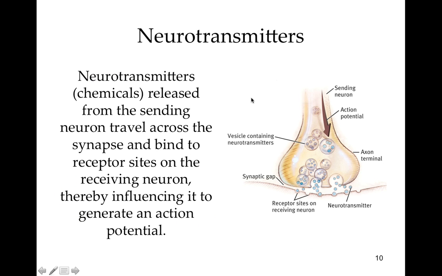Neurotransmitters are chemicals released from the sending neuron. They travel across the synapse and they bind to the receptor sites on the receiving neuron. And that influences the generation of action potential. So you can see the chemicals in here, the neurotransmitters, being secreted across the synaptic gap and binding to the receptor site of the receiving neuron.